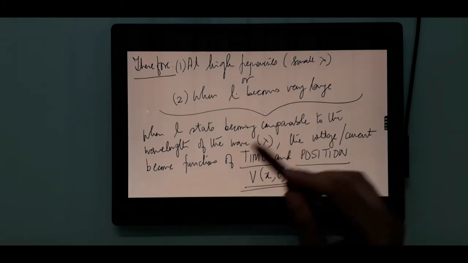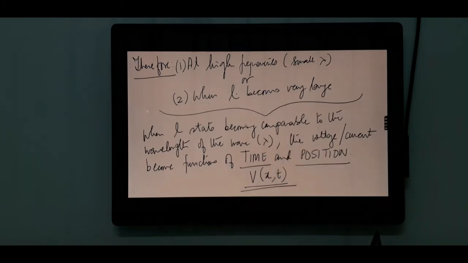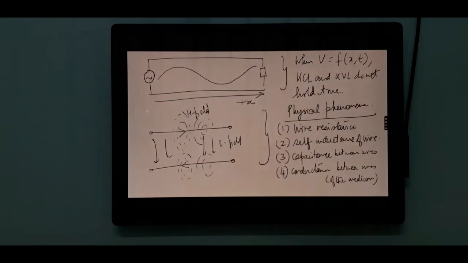Then the voltages and currents become functions of position as well as time, not just time. So therefore, KCL and KVL will not apply. But we wanted to apply KCL and KVL in some format.